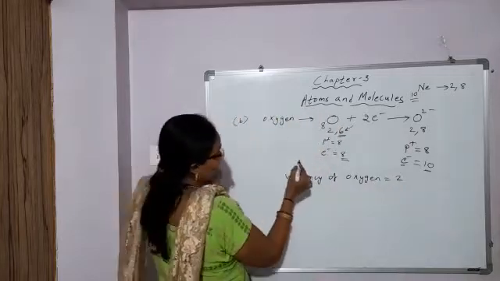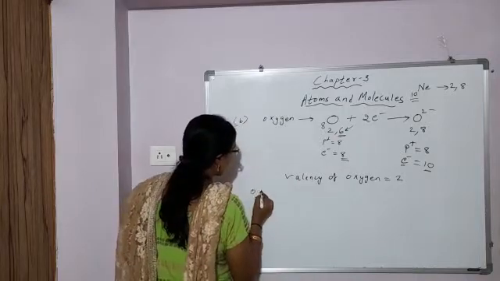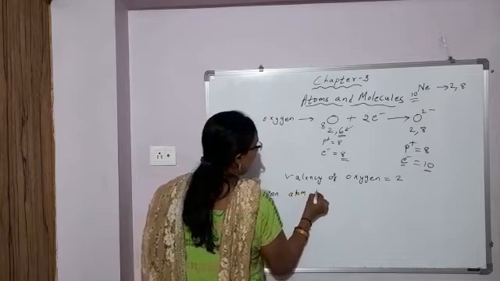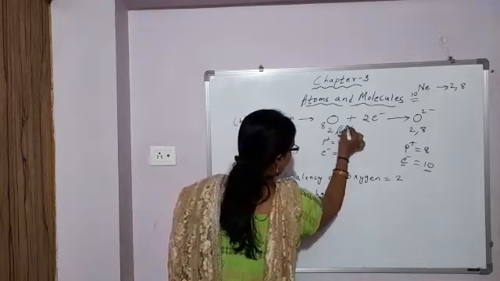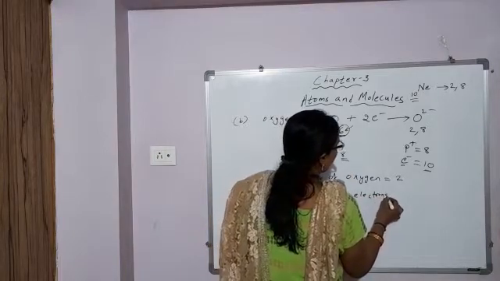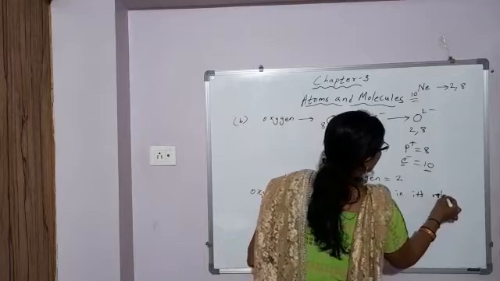So an outermost shell is also called the valence shell. So oxygen atom has 6 electrons in its valence shell.